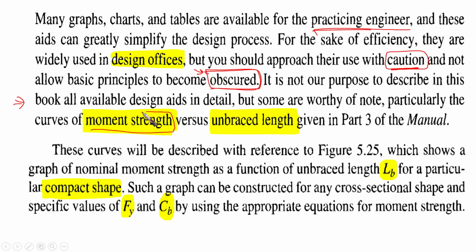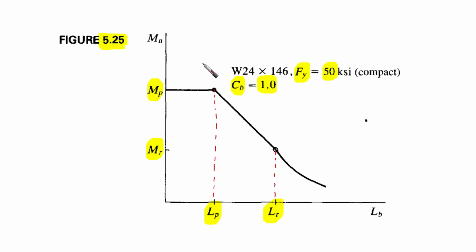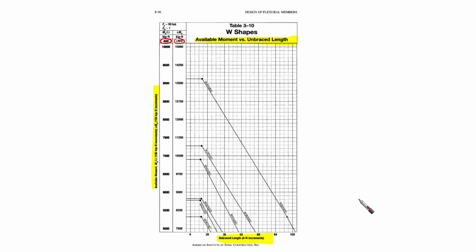These are the most commonly used charts, versus unbraced length, and you're going to find them in part 3 of the manual. These curves will be described with reference to figure 5.25. I'm going to show you part of it in a minute; you are going to find something like this in the manual.